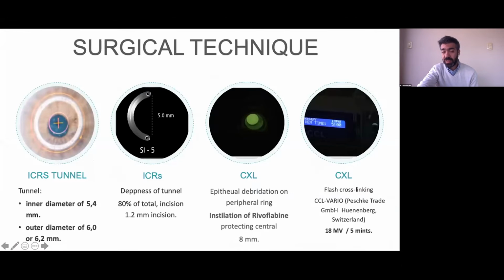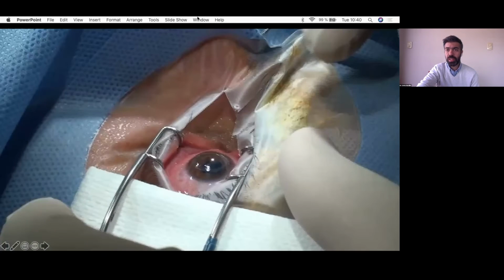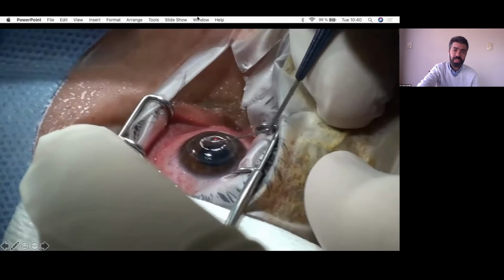So what we propose for these cases is to do intracorneal rings to reduce the astigmatism, but the most important thing is to do the cross-linking with epithelial debridement in the peripheral ring and with the same technique. I'm going to show you a short video of a patient with a corneal graft that we have.